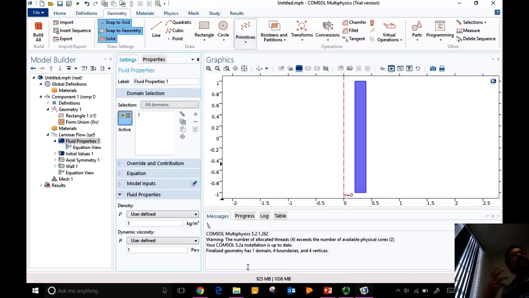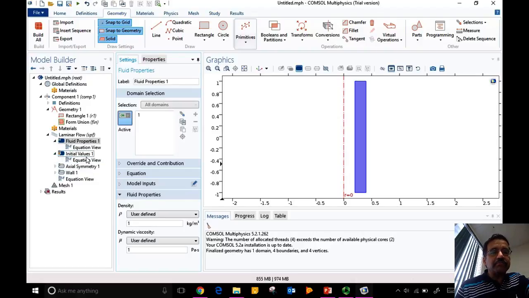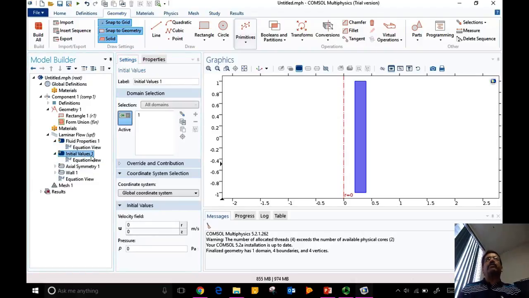So you get a rough idea what the Reynolds number is going to be. Okay, I want to pick my angular velocity in such a way that the Reynolds number is of order 1. Laminar flow, it will converge very quickly. Okay, and then I'm going to lower my viscosity to increase the Reynolds number and see what happens to the flow. Okay, so that's done. Initial values, by default, they're all set to 0.